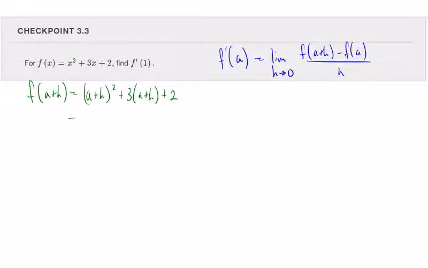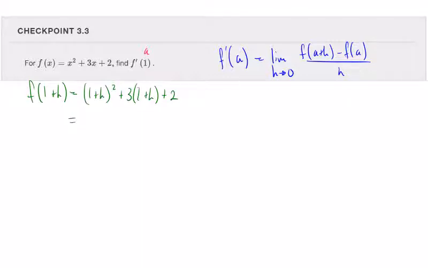All right, so now we operate. So this we've seen a lot. I keep doing this, but let's replace this a with a 1, right? So a is 1 in this case. All right, so I'll put a 1 in here, 1 in here, and a 1 in here, right?